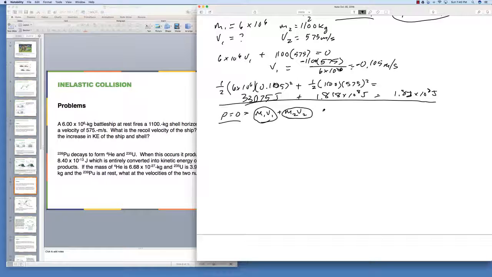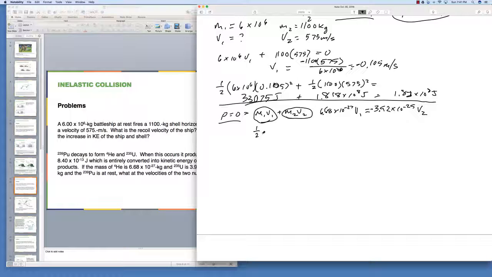And so what that means is that the mass of the helium nucleus times its velocity has to equal the mass of the uranium nucleus, which is 3.92 times 10 to the minus 25 times its velocity. Okay, and obviously these are in opposite directions, so one is the negative of the other.